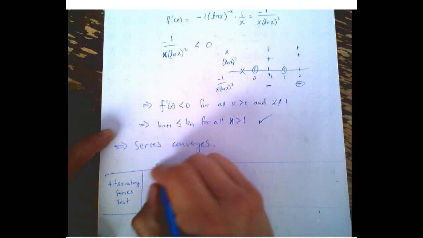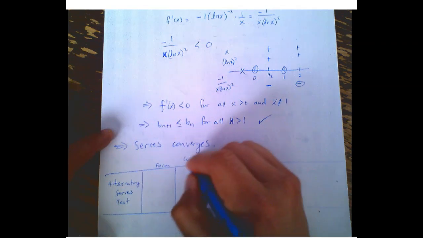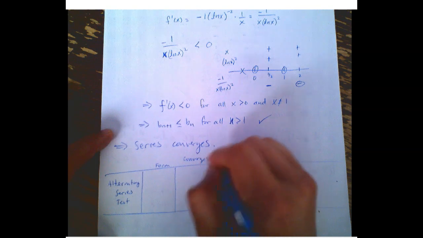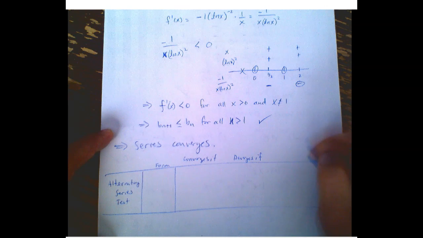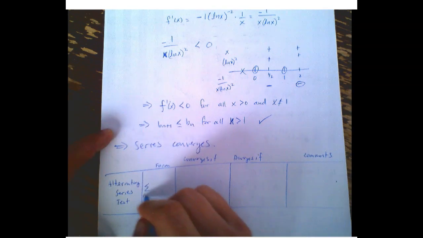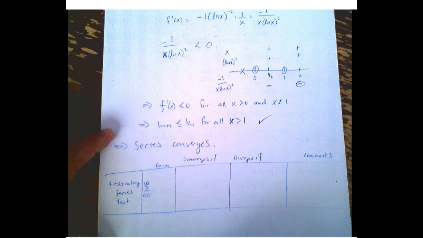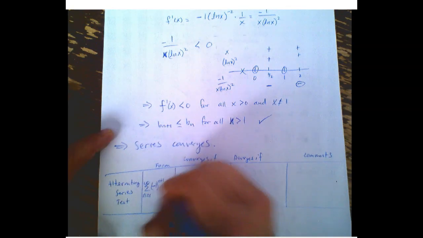So we had our form: converges if, diverges if, comments. So the form for our series was n goes from 1 to infinity, -1 to the n plus 1 bn.